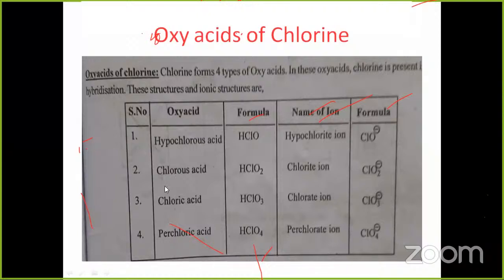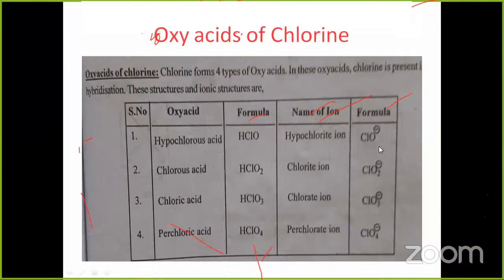Okay. So an ous acid gives an ite salt and an ic acid gives an ate salt. So chloric gives chlorate, chlorous gives chlorite. You remember, any ous acid gives an ite salt, and any ic acid gives an ate salt. For sodium: NaClO2, sodium chlorite; NaClO3, sodium chlorate; NaClO4, sodium perchlorate; NaClO, sodium hypochlorite.